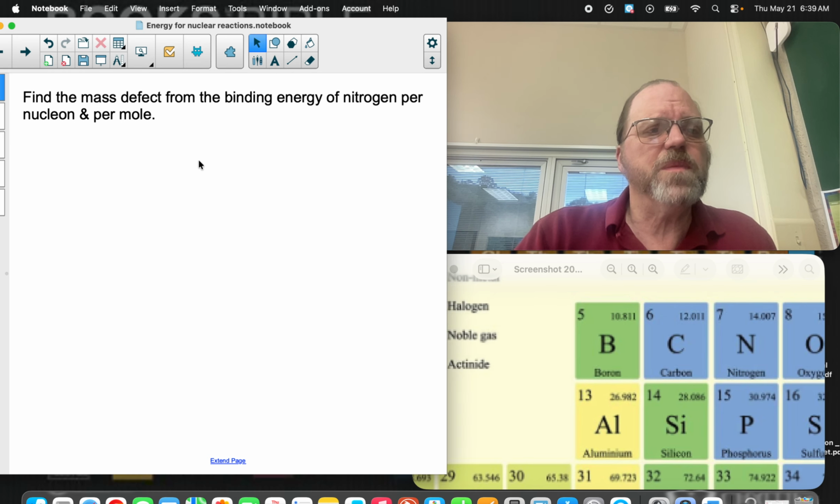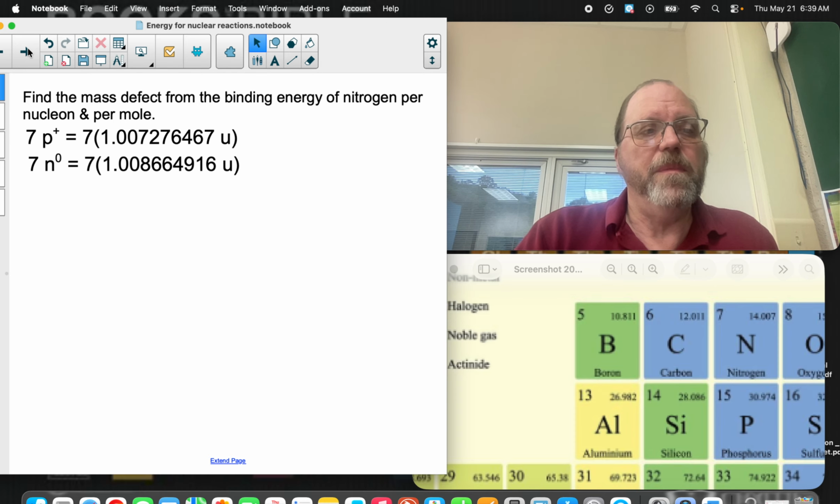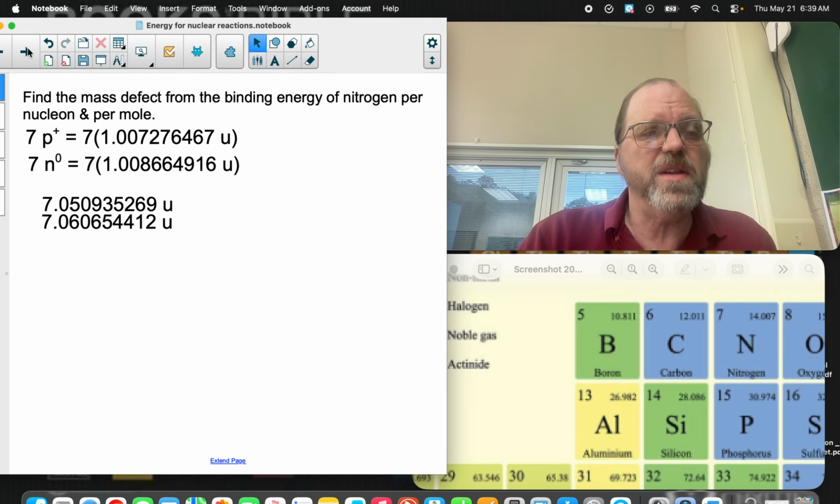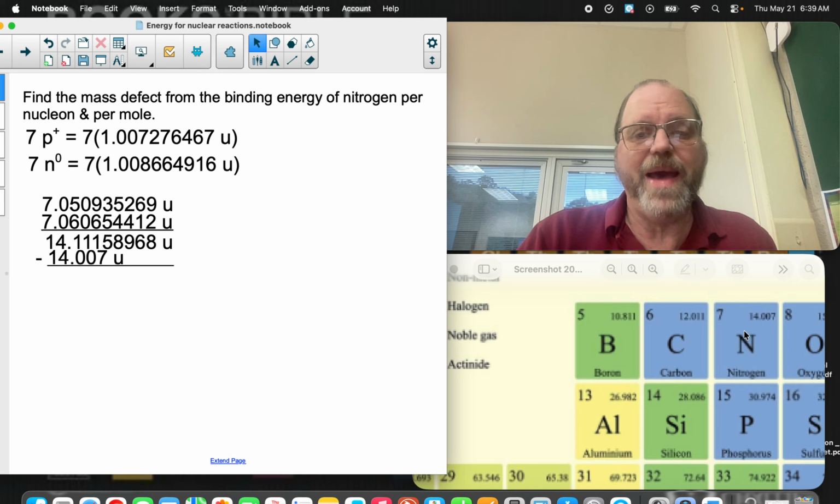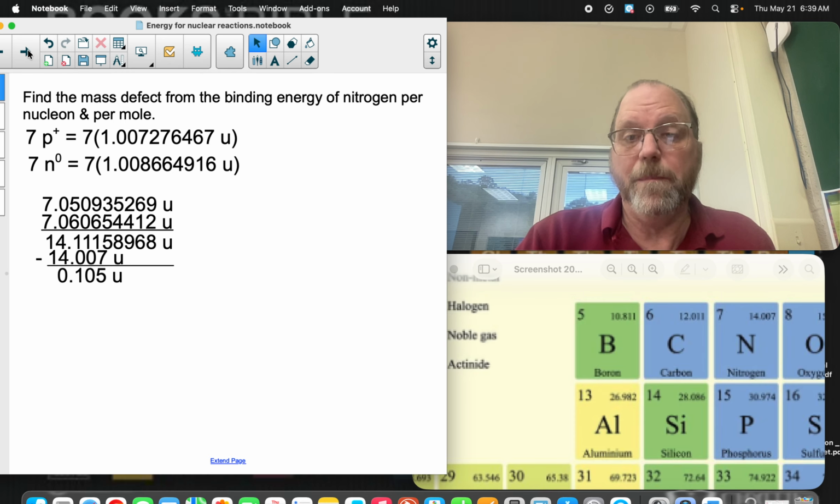Here we go. So we have our protons and neutrons for nitrogen. There's 7 and 7. We multiply those through, add them up, subtract them from the atomic mass, and we get that much of a mass loss at the atomic level, the mass defect.